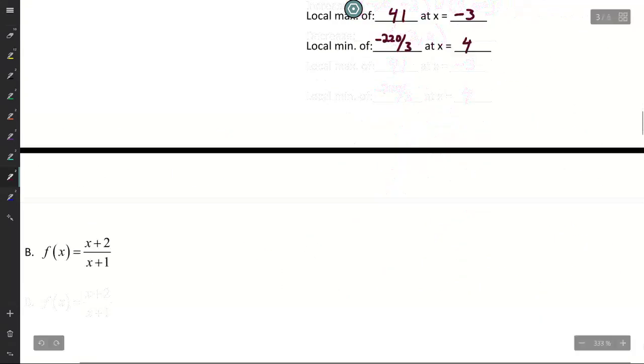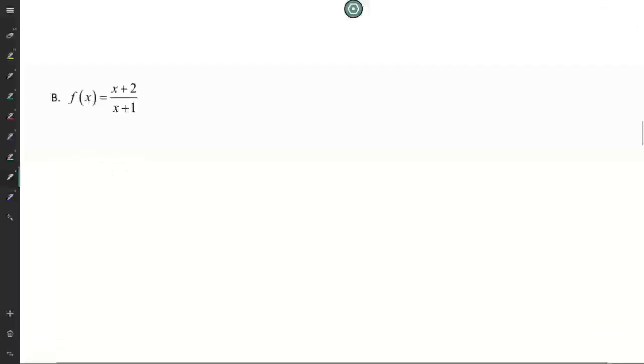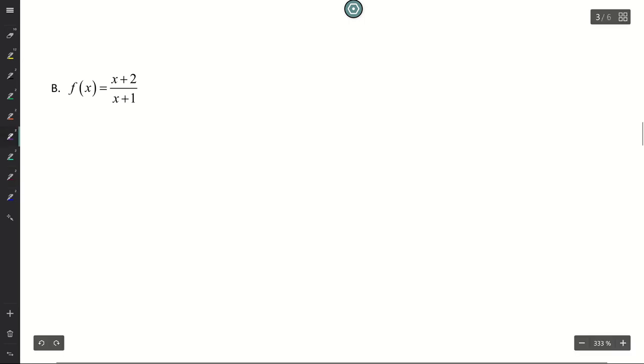All right, so now I want to switch gears and look at a rational function. On this particular rational function, we want to make a note first of the domain. In a rational type function, we know that the denominator can't be 0.